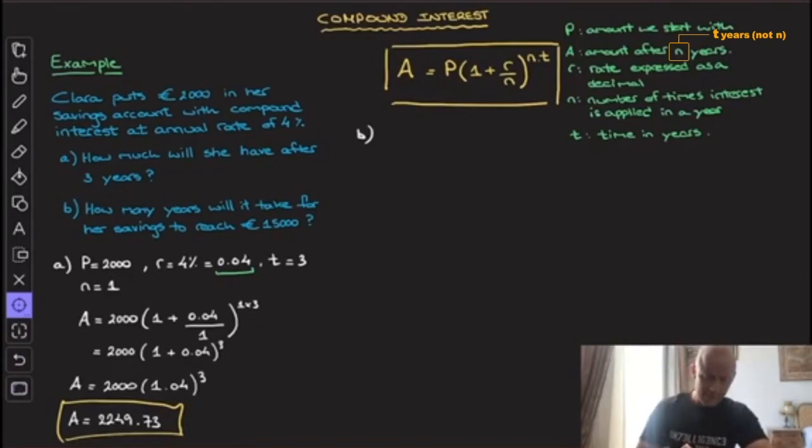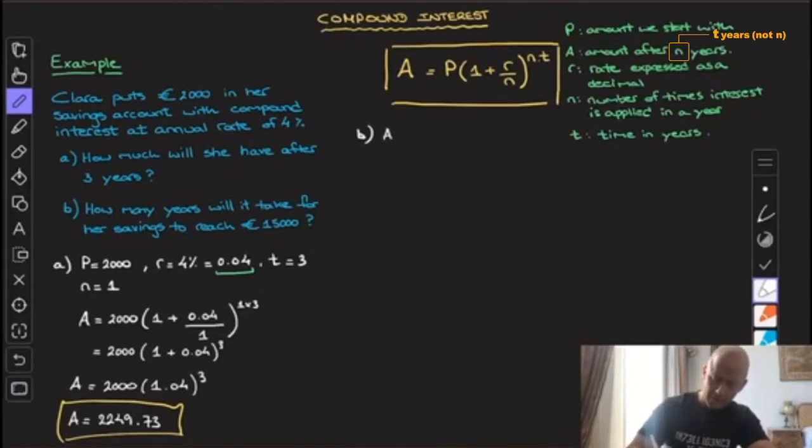And the key thing to realize is that in this case, I'm going to be interested in the amount she'll have after t years, because the number of years is the unknown here, right?